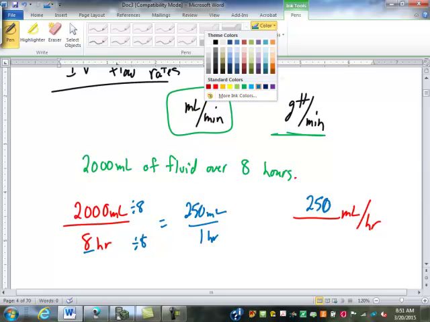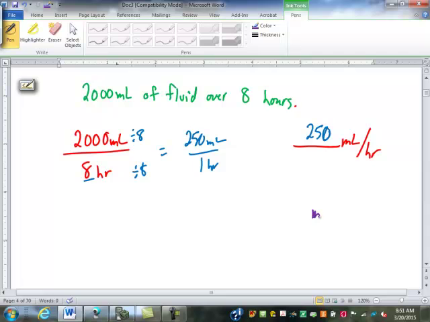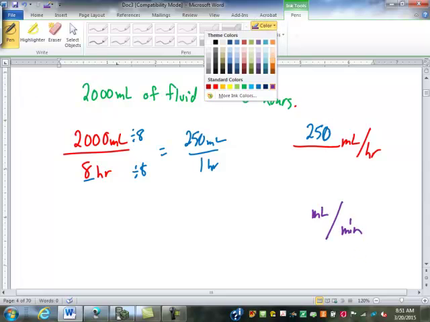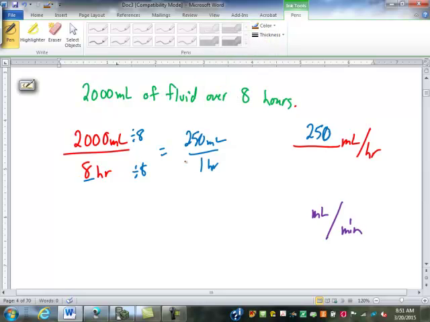If they wanted to know then milliliters per minute, again, you could use a proportion. You could have used a proportion here, by the way, just having the 1 hour there, and cross multiply and divide. Milliliters per minute, we already have it as 250 milliliters per 1 hour.